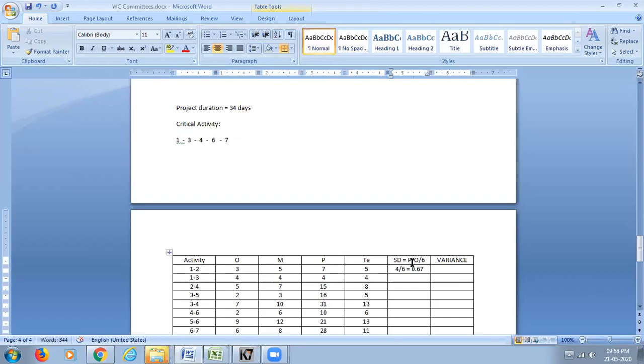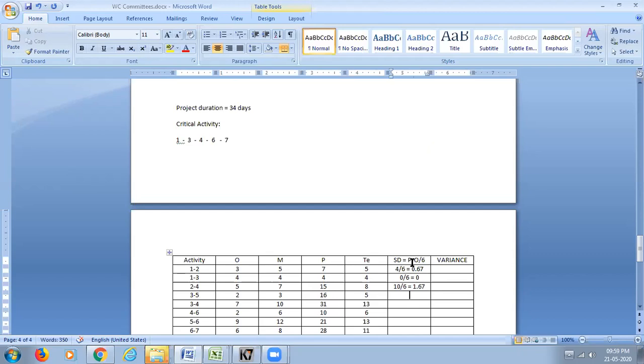And next is 4 minus 4, 0 by 6 is 0. Then 15 minus 5 is 10 divided by 6 is 5 by 3, which is 1.7.